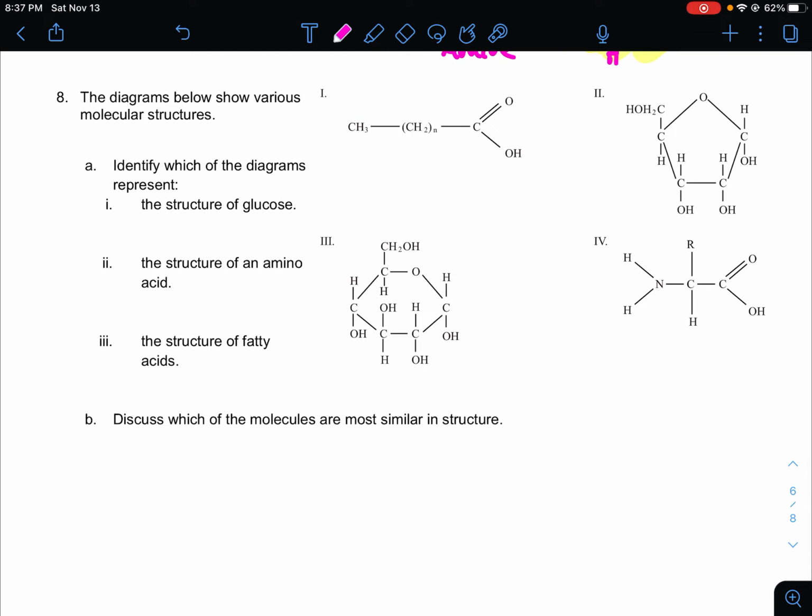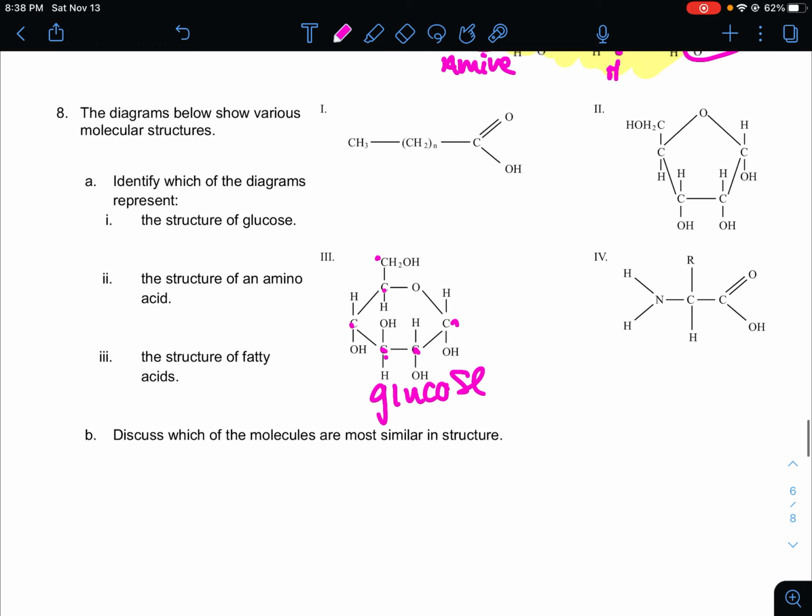Which of these is glucose? It's going to be the one that is a hexose group. So a hexose sugar, so with 6 carbons, 1, 2, 3, 4, 5, 6, has the hydroxyl groups. So this one's glucose. The amino acid will have, again, the amine group and the carboxyl group.